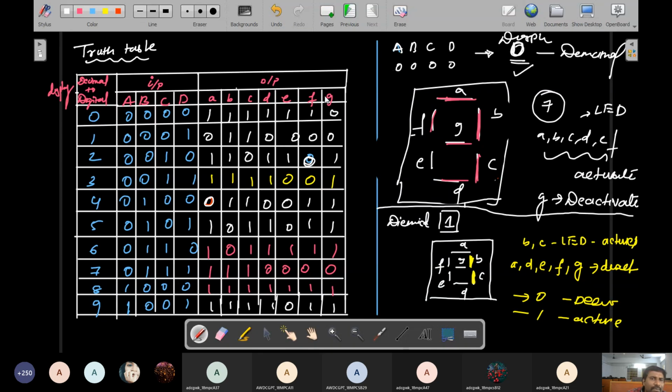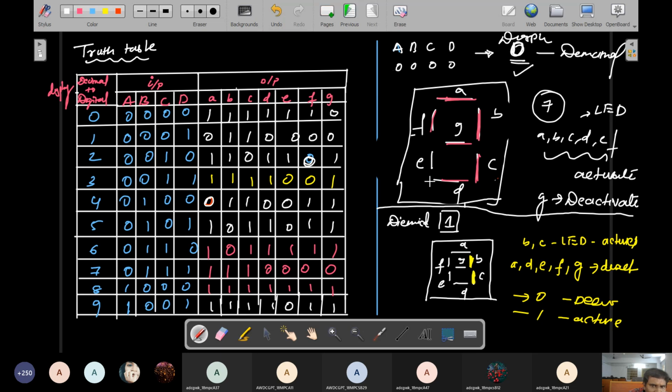It is simple, but don't get confused, because whatever input is given, that input represents a decimal number right now. Using that decimal number, the LEDs operate. If you want to select an LED, in the first case only VCC.